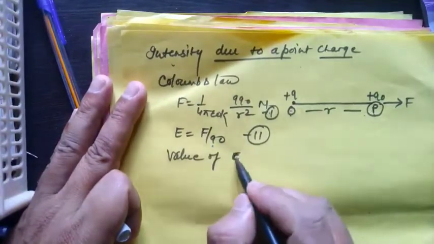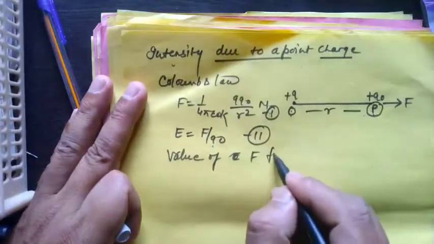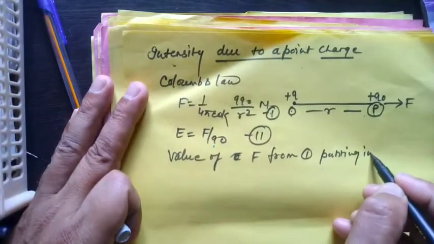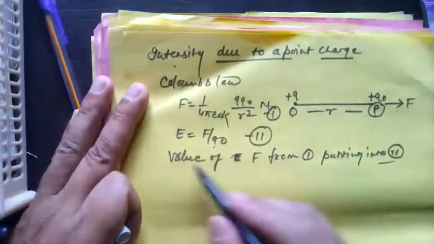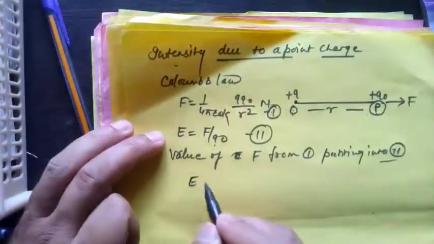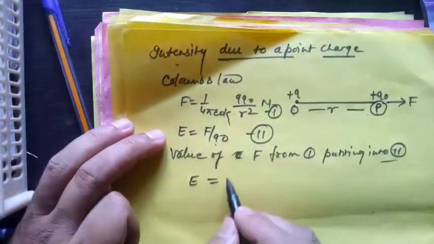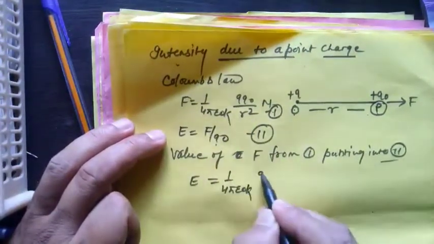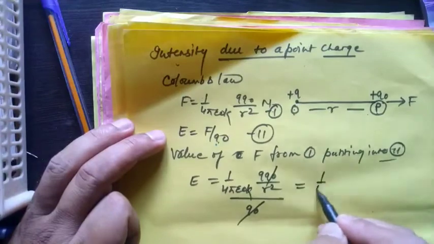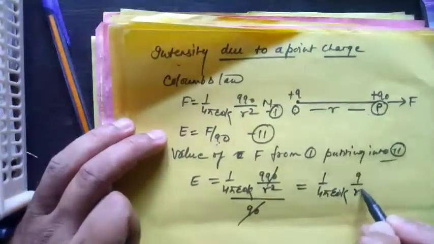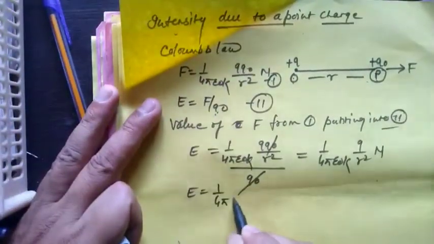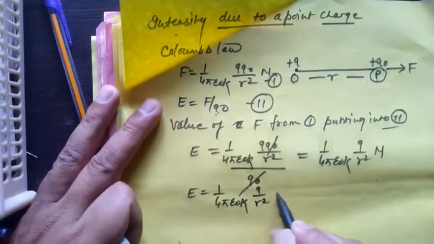Putting the value of F from the first into the second, what will it become? The F value is this, q0 upon r square, and q0 cancels, and we get 1 upon 4 pi epsilon naught, K q upon r square Newton per Coulomb.